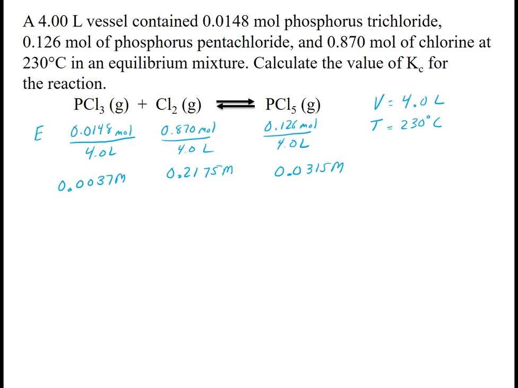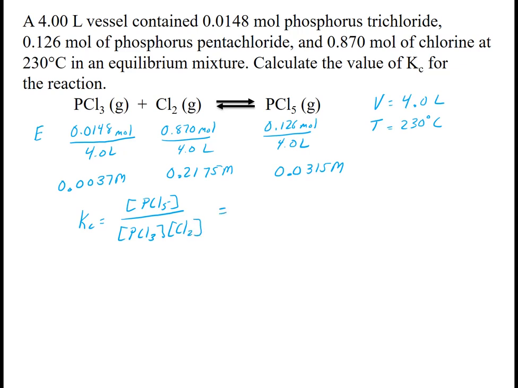Okay, so I have my concentrations. Now I want to write down what the equilibrium constant expression is. So it's Kc. It's my products, so it's going to be the concentration of PCl5 over my reactants, which is the concentration of PCl3 times the concentration of Cl2.